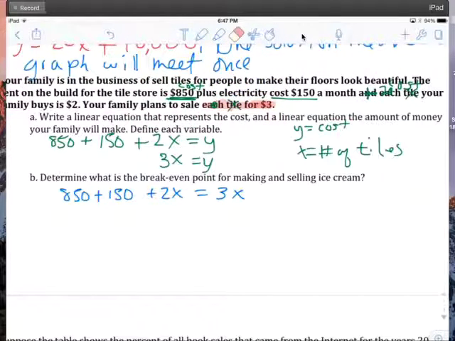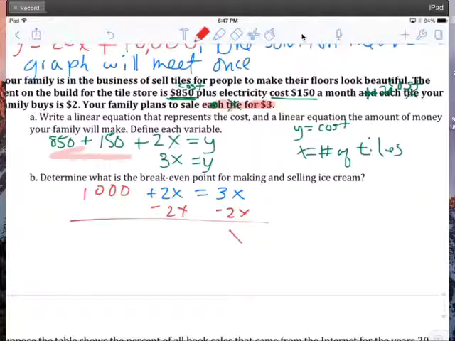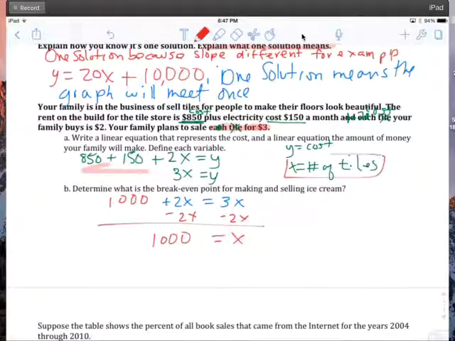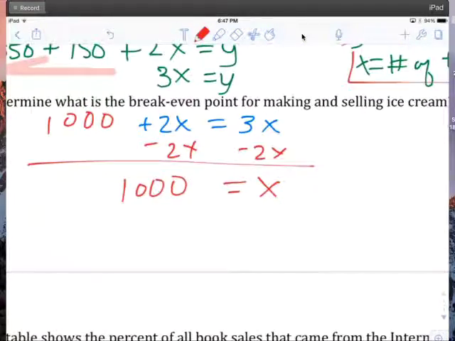I should have noticed that these two can be combined because they're alike. That gets you 1,000. Okay, you minus 2x, minus 2x. You have x equals 1,000. X represents the number of tiles, so 1,000 tiles.